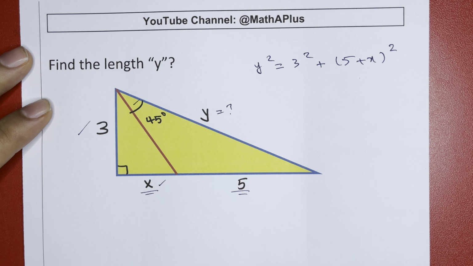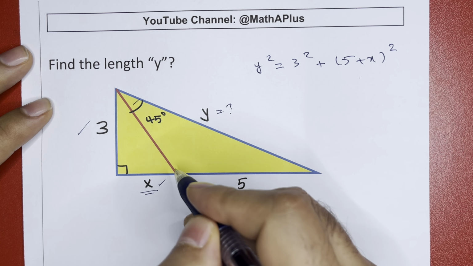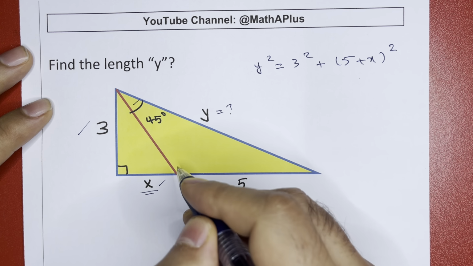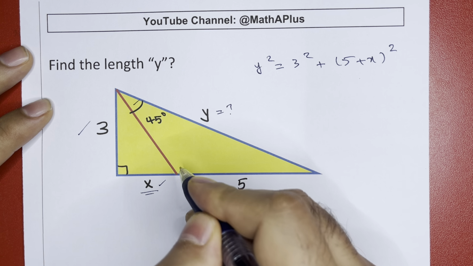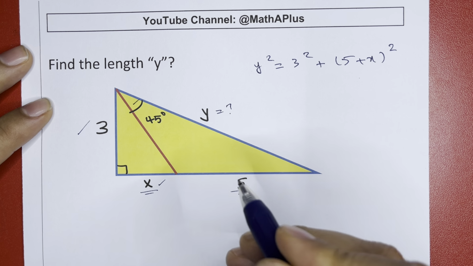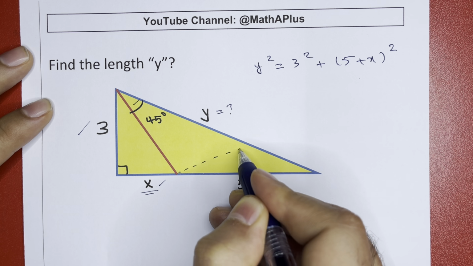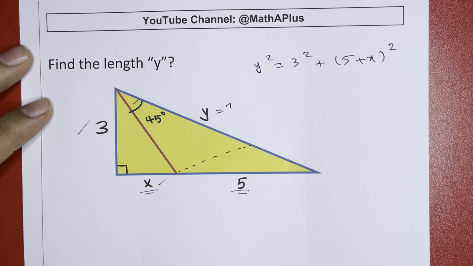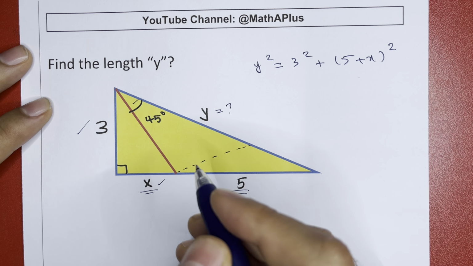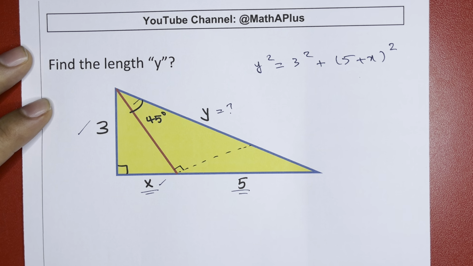So how to find x? I'm gonna start from somewhere. My strategy is I'm gonna draw a line, something like this, which is perpendicular to this red line here.